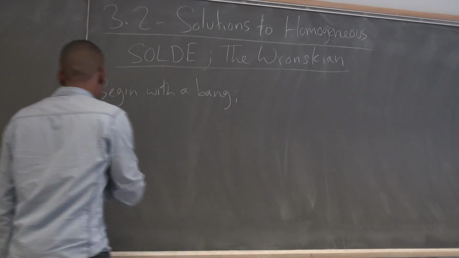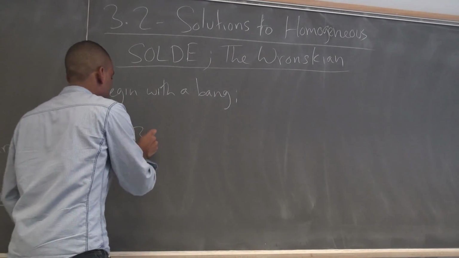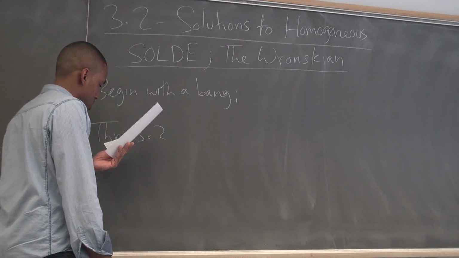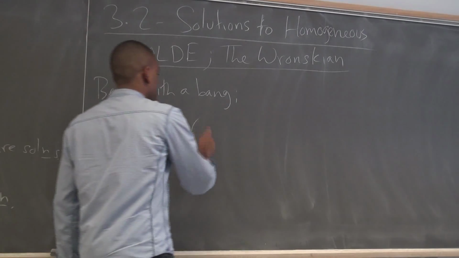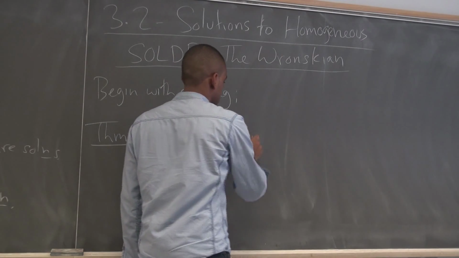I like to start off with a bang. This is theorem 3.2. I don't think it's the first theorem in this section, 3.2.1. It is the first theorem. Yeah. This is called the Existence and Uniqueness Theorem. I think I just mentioned it.